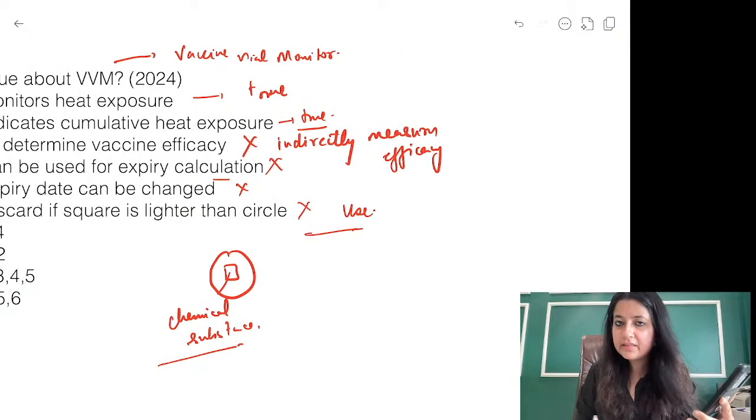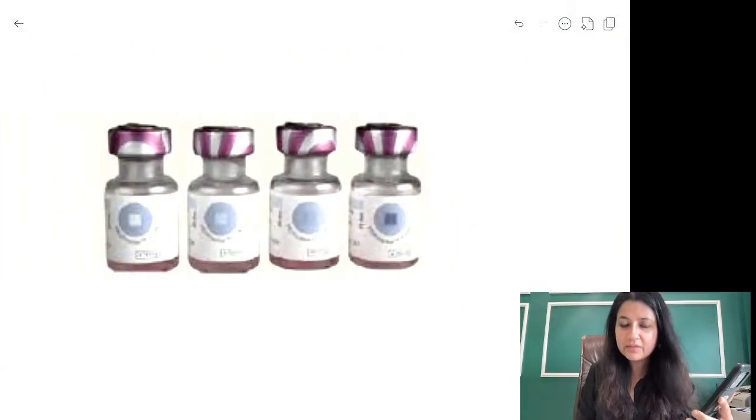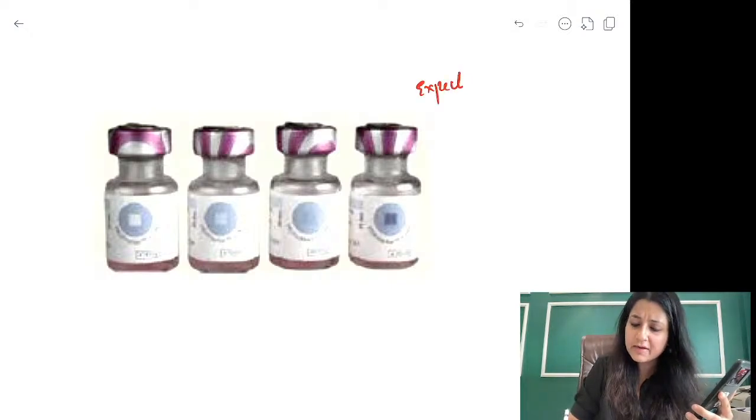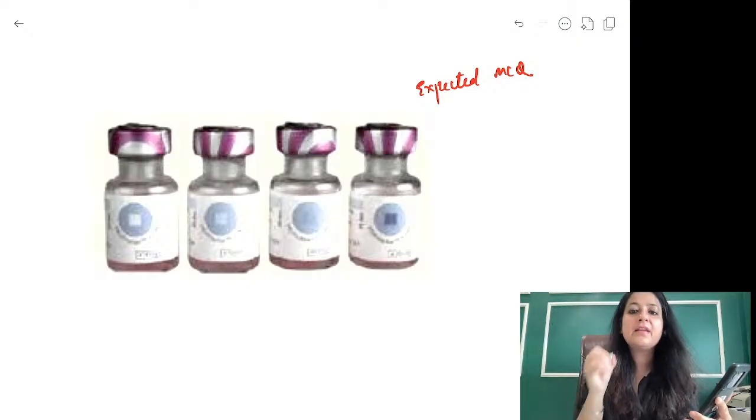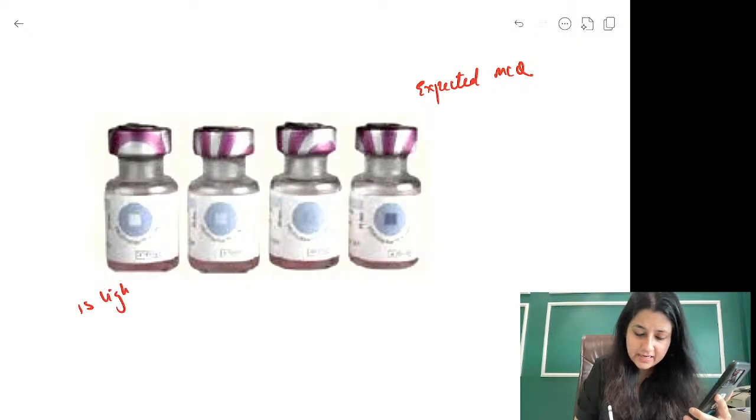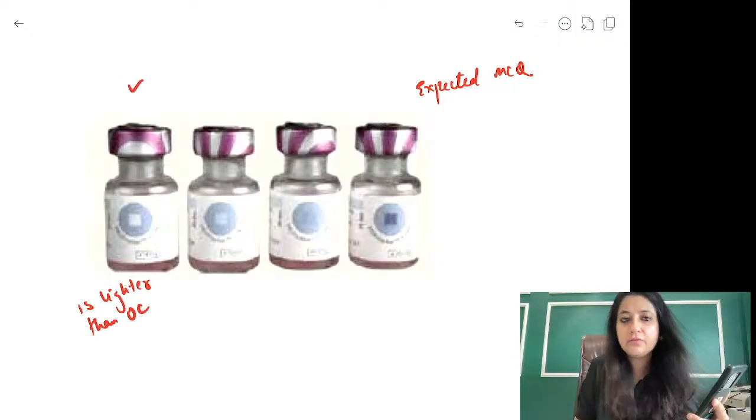Let us have a look at the image once. Can you all spot this image? This is one of the most expected MCQs, one way or the other they will give you. Outer circle, inner square. If the inner square is lighter than the outer circle, you will use it.